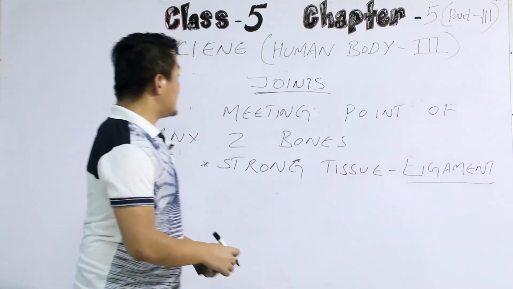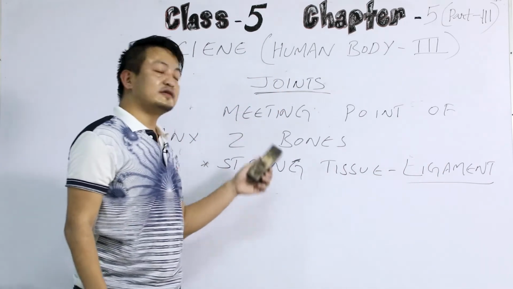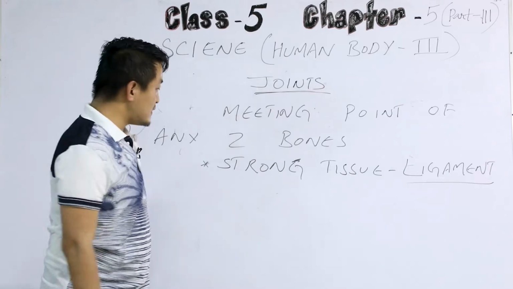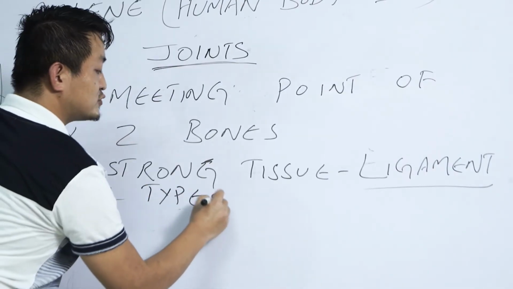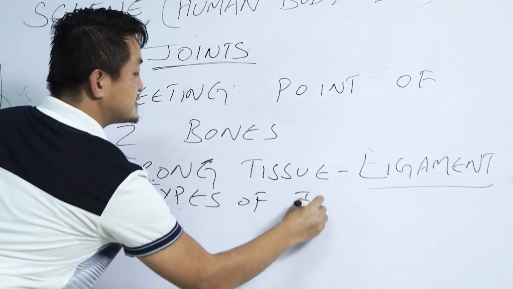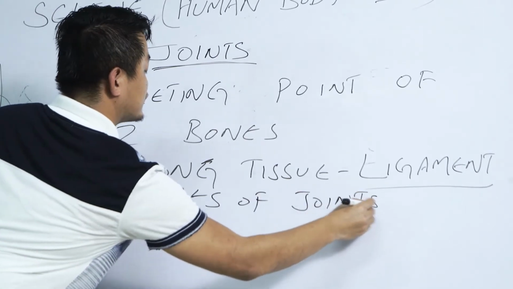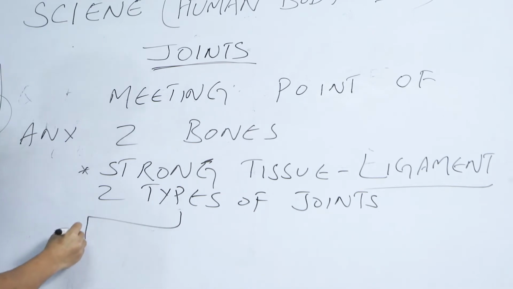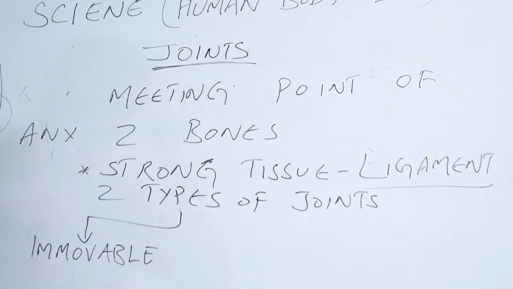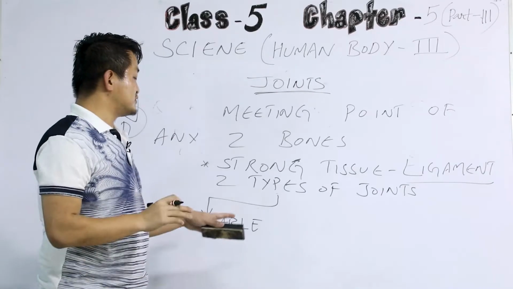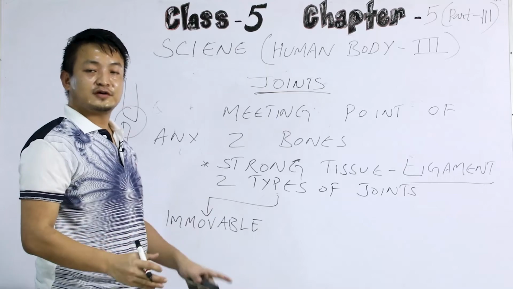Now, how many types of joints do we have, students? We have two types of joints. The first one is immovable joints, the joints which cannot be moved.